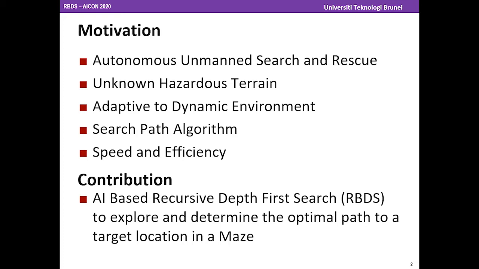They also need to adapt to dynamic environments so that they can change the path when required. As a result, such path algorithms are usually built into robots.